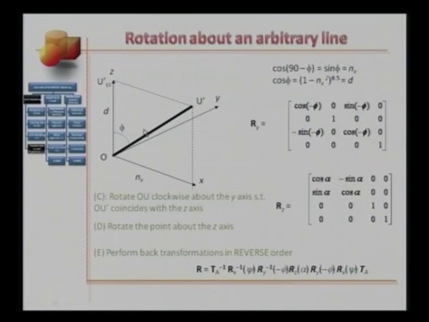That will bring the line from the z-axis back to OU prime, and then inverse transformation or rotation about the x-axis that would orient the line in its previous orientation, and then translating one of the points on the line back to its original position. Right? Remember, right to left.